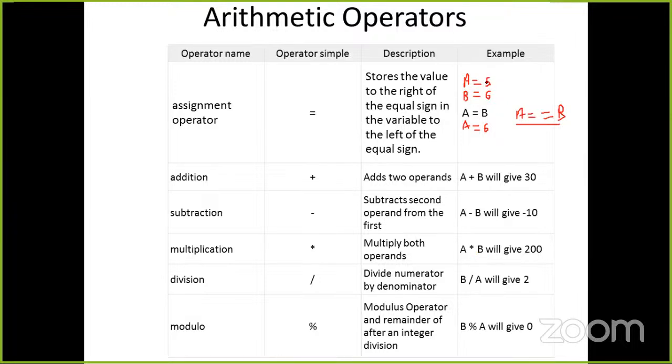So I'm just revising the values of A and B. Over here, A is 10, B is 20. So if we do A plus B, that is 20 and 10, 30.